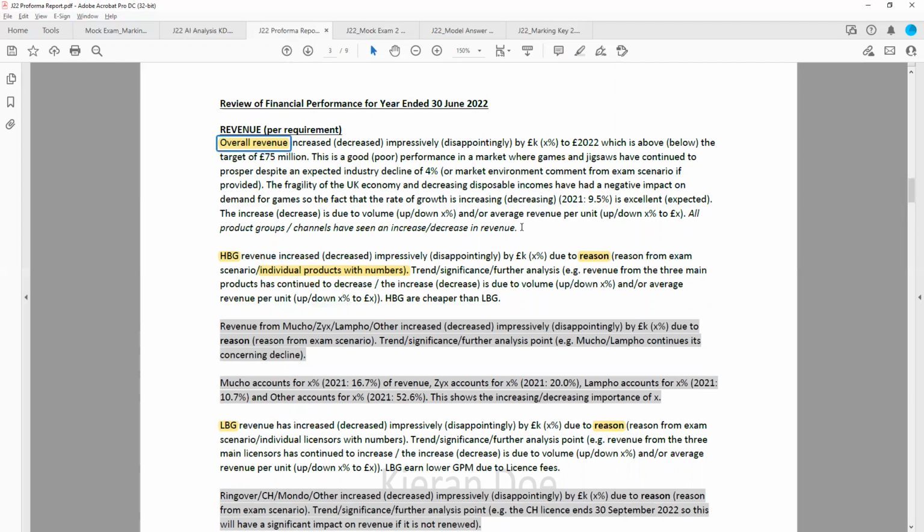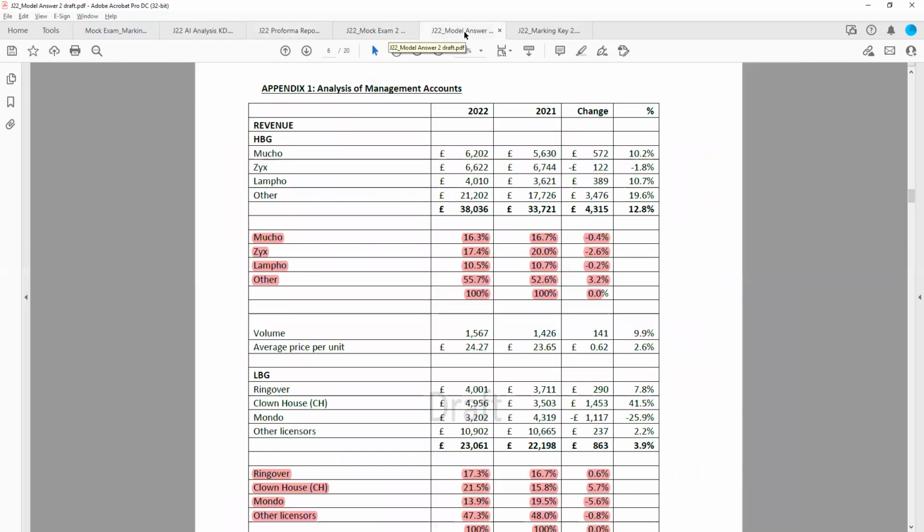We'll be saying things like it's due to a change in volume or a change in price on the total numbers. All product groups and all channels have seen an increase. Looking at the performance compared to the target, compared to the industry, in the context of the economy, and compared to the previous year. So high level analysis there.